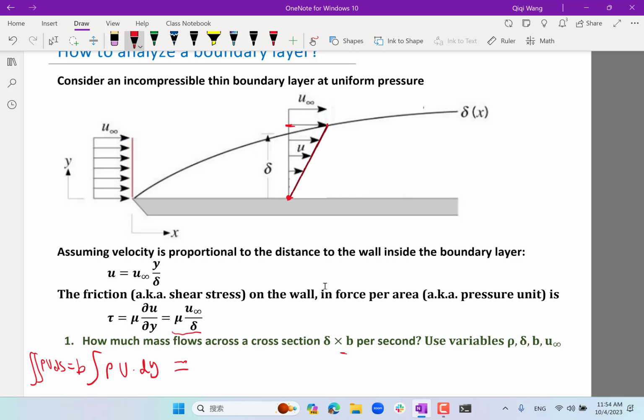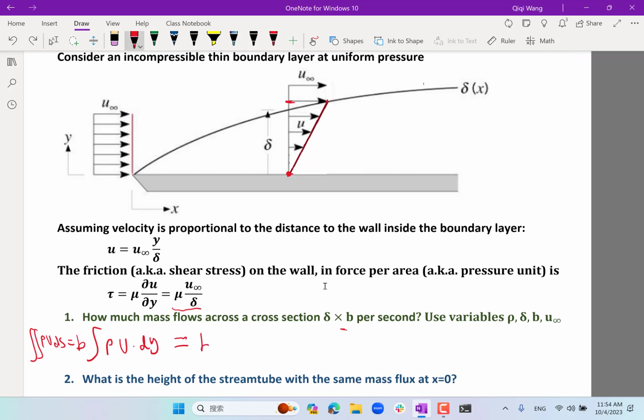And in this case, u is a linear function of y, right? So we get b, and the rho is a constant, and u infinity times y over delta dy, integration from 0 to delta. Because of the linearity, the integral is just the middle of 0 to u infinity.